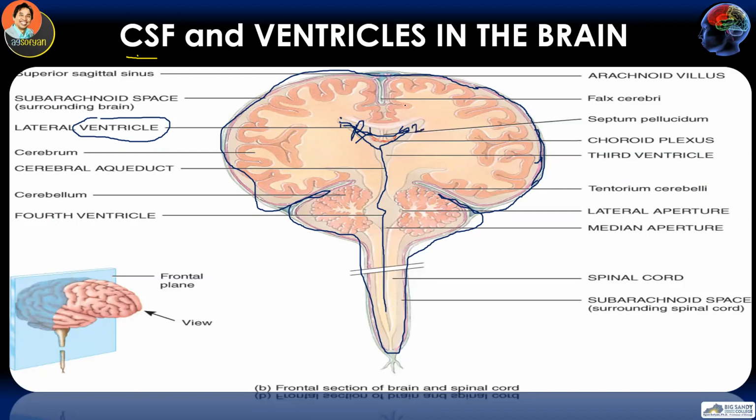The third ventricle is here, located right in the middle of the brain. And the fourth ventricle is close to the brainstem, which is this one over here. This is the fourth ventricle, a chamber that has CSF.